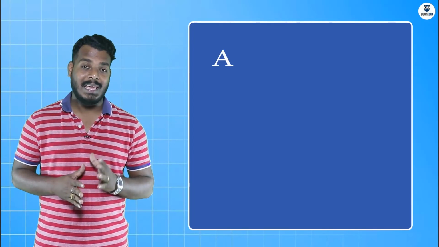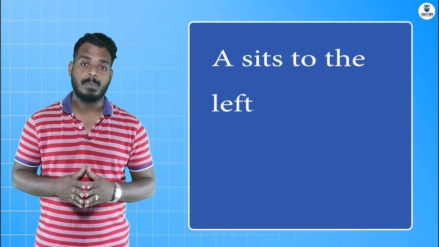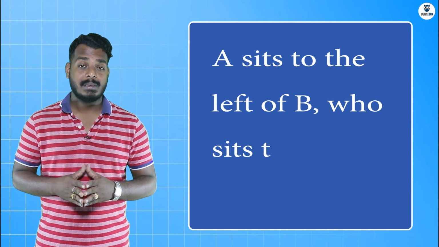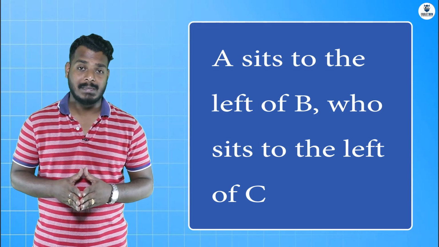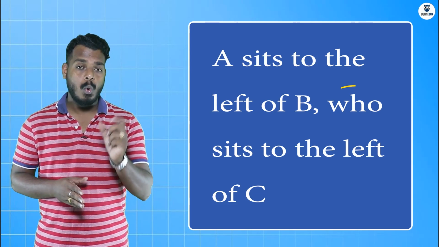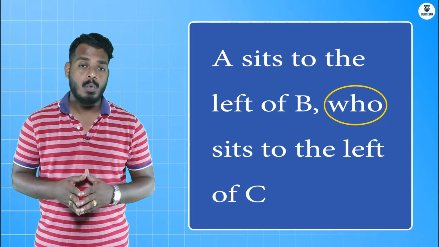Now let's take a confusing statement and try to see how it has to be interpreted. So say it is given that A sits to the left of B, who sits to the left of C. Now here the confusing part is that this "who" represents whom?